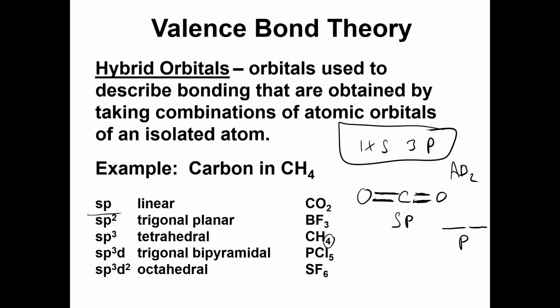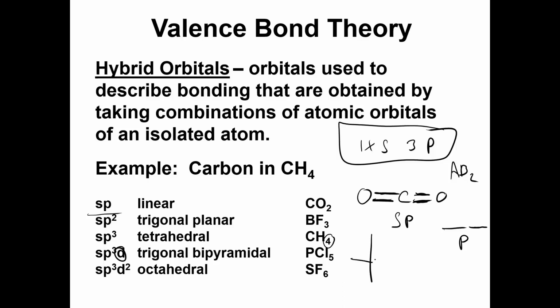And that also explains why we can have an expanded octet for some atoms but not others, because you have to have available, energetically low-lying d orbitals for that expanded octet, right? Because there it is, right? So now if you have 5 regions, one of those is going to have to come from a d orbital. So that hybrid orbital is going to be an sp3d trigonal bipyramidal, right?